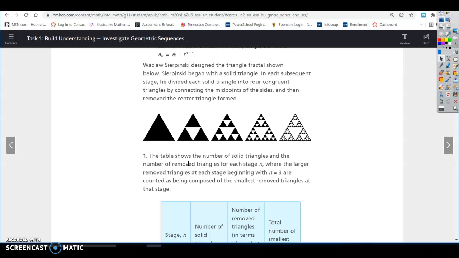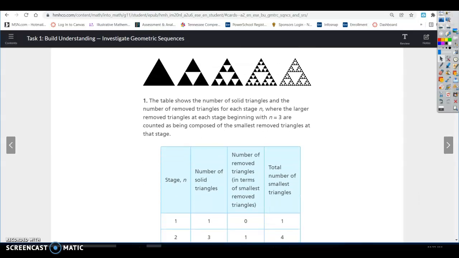All right, so it says the table shows the number of solid triangles and the number of removed triangles for each stage n, where the larger removed triangles at each stage beginning with n equals 3 are counted as being composed of the smallest removed triangles at that stage.